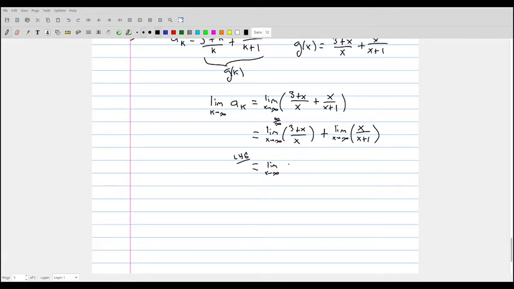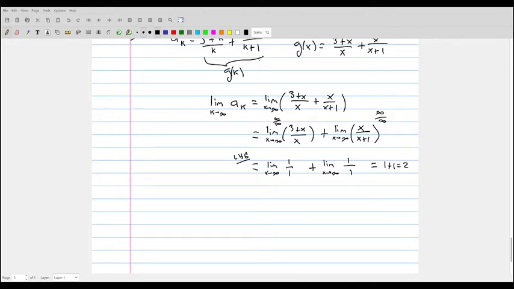So this will be 1 divided by 1, plus the limit as x goes to infinity of this, which also is an indeterminate form. So this limit is going to be the limit of the derivative of the numerator over the derivative of the denominator, which is again 1 divided by 1. This is going to be 1 plus 1, or 2.